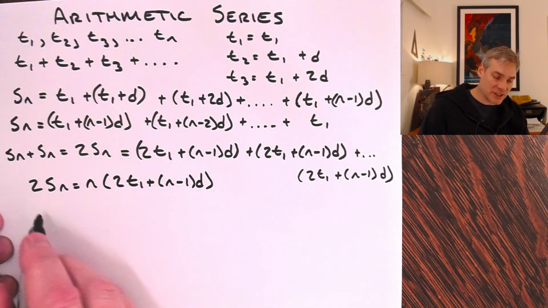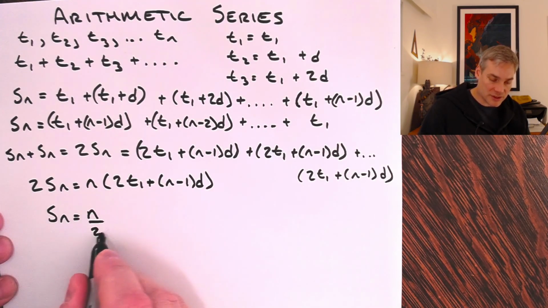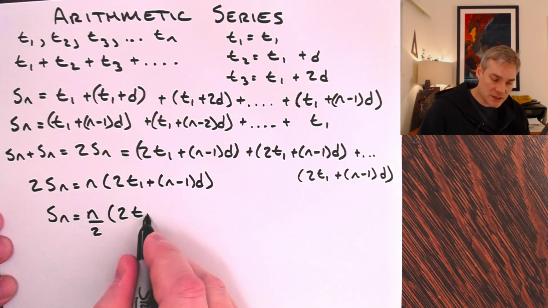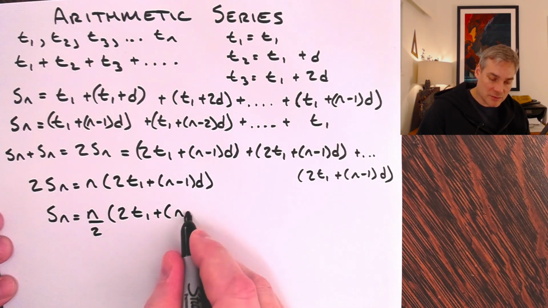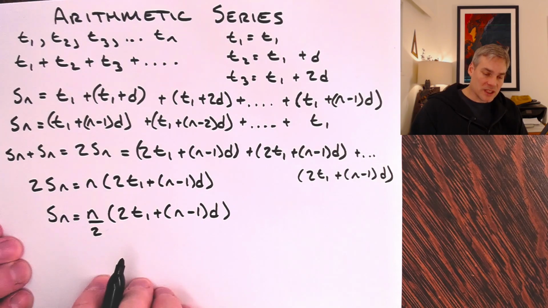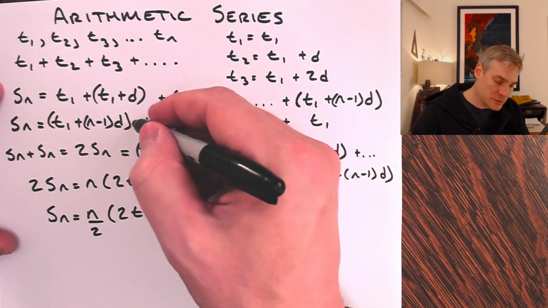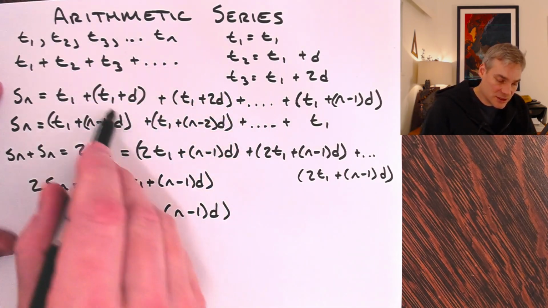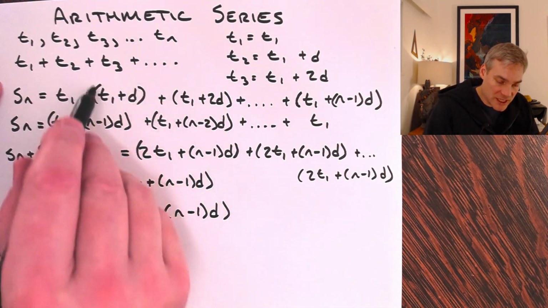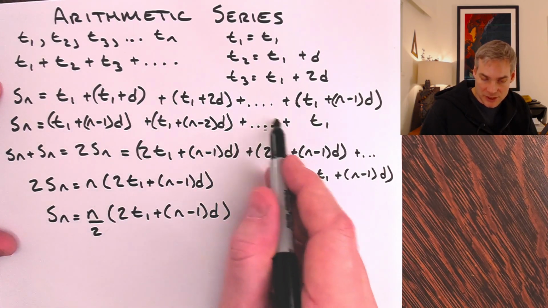But I just want to solve for Sn. So that's Sn equals n over 2 times 2T1 plus n minus 1 times d. This may look a little muddled, but I'm just grouping these terms, like this term and this term. When I add them together, this term is missing on this line. It's a void there.